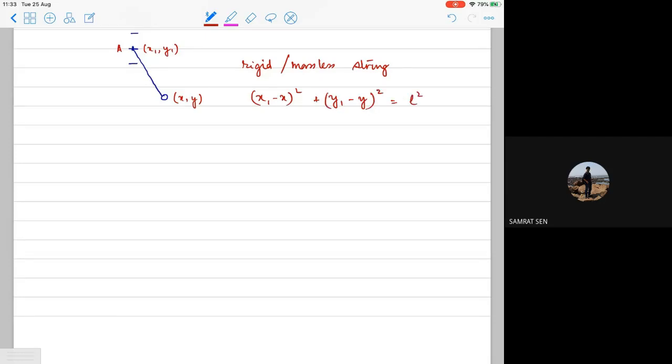That's my first equation of constraint. And then I say that the point A is not static, but the point A is moving according to the equation f of t, let's say. Okay, f of t.